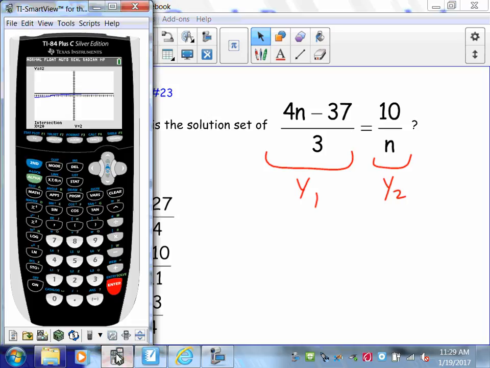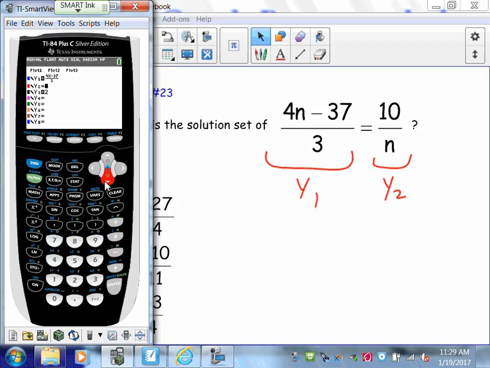Okay. Here we go. I like the fraction button. So alpha y equals. So we'll make it a fraction. And you just type it in. Use x instead of n. So 4x minus 37 divided by 3.